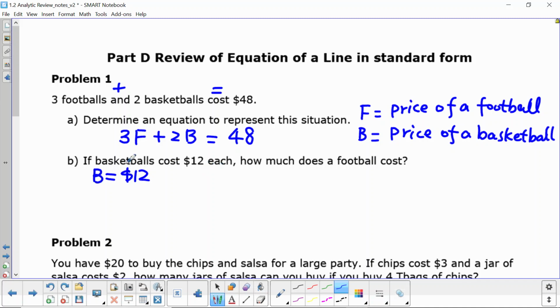So we sub the B with 12, no dollars, it's just the numbers. 3F plus 2 times 12 equals 48.